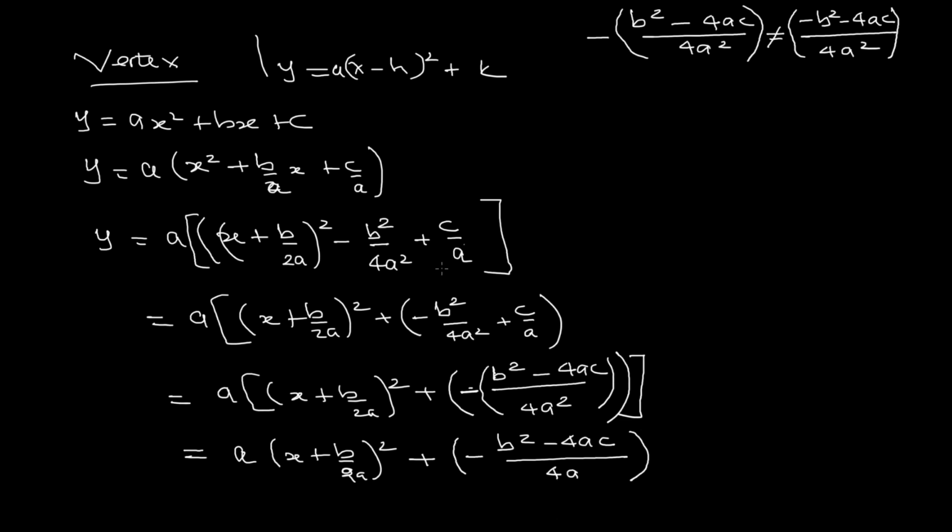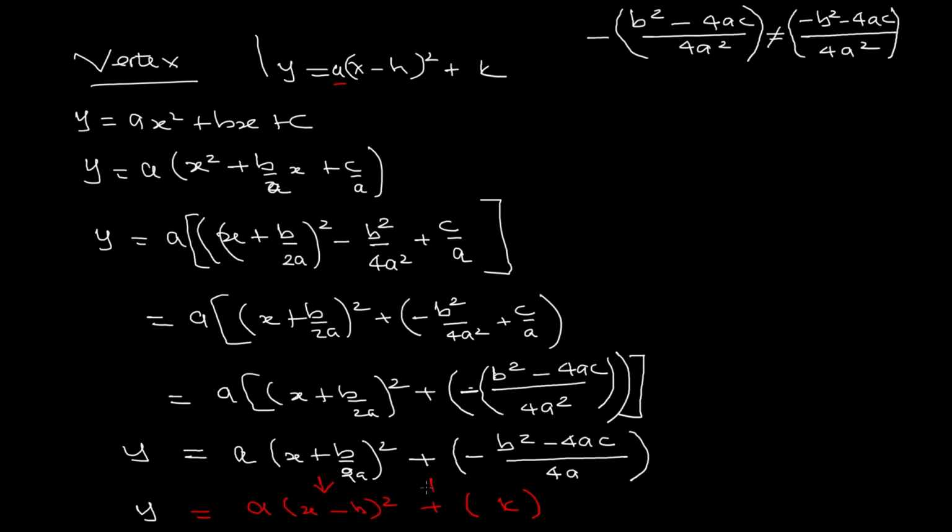So now we see that these are in the same format, which is y. This is y. Then I can put y is equal to a, which is the a there. Then x minus h squared. This is the same. Plus k.